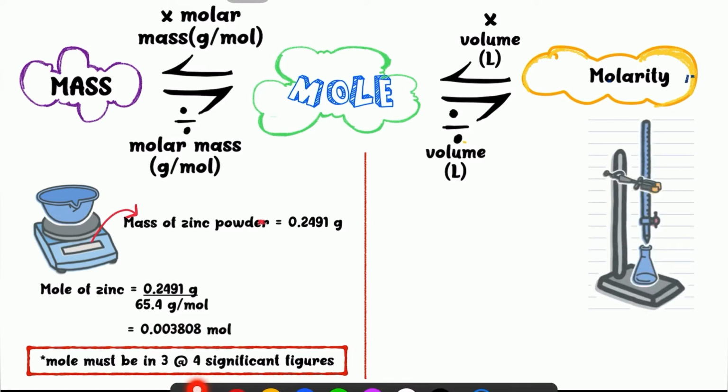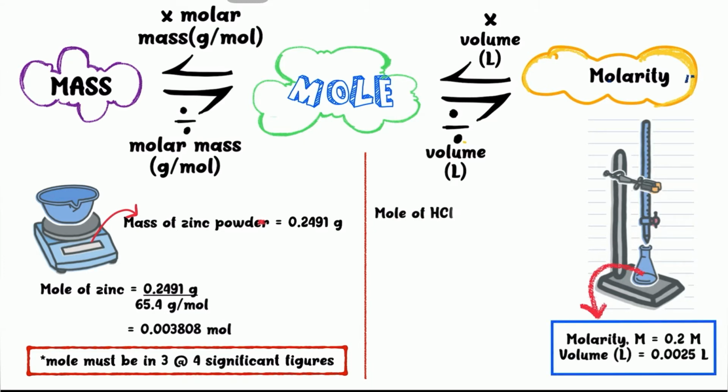Next, to get mole from the molarity of the solution. For example, I give you the apparatus for the titration. Let's say in the conical flask, there is HCl solution. The HCl solution has molarity 0.2 molar, and the volume of the solution is 0.025 liter.